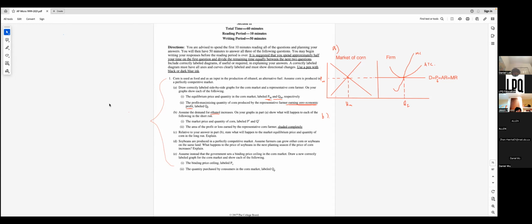So we shift, just in the same graph, the graph you did for question A. You don't need to draw a new graph. You can finish your question B in the same graph, just like what we did today. We shift the demand curve to the right.